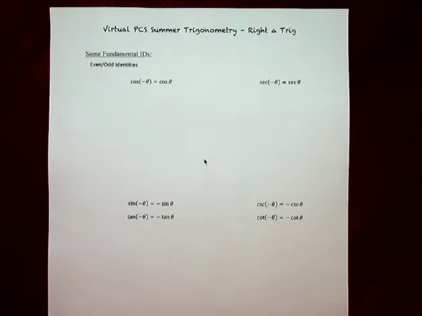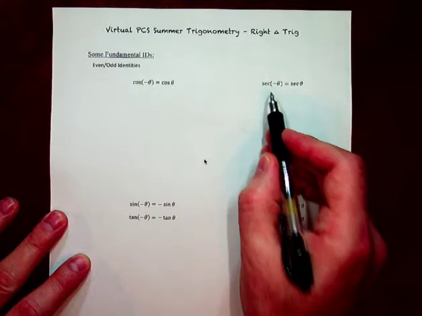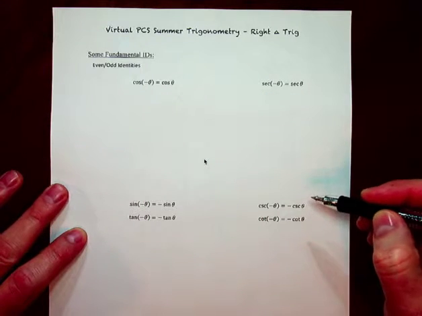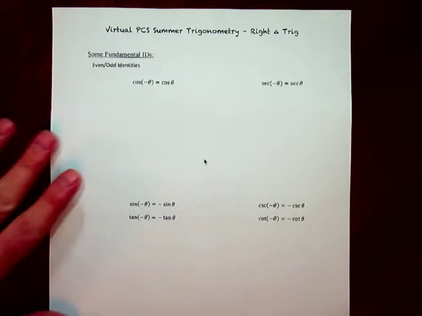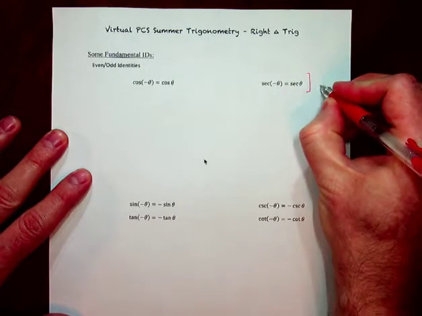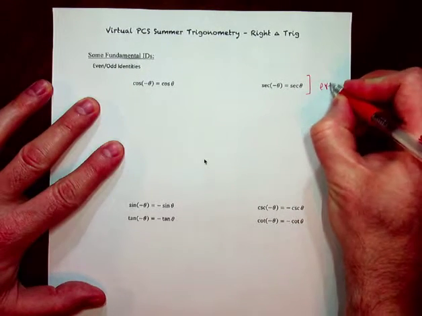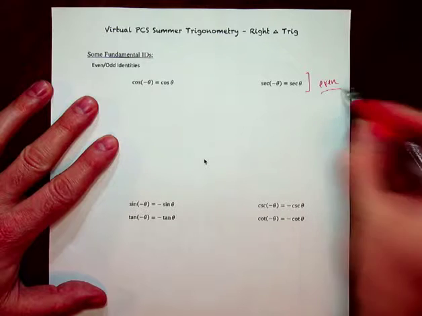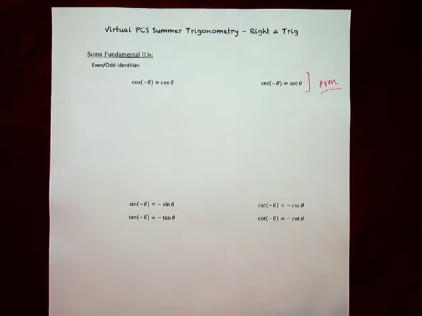One of them is that they explicitly introduced even-odd identities, although those were touched upon in the last section. What we should see is cosine and secant, and I've divided them like this because these two are our only even ones, okay? And by even, we mean that if we're looking at it graphically, it has y-axis symmetry.